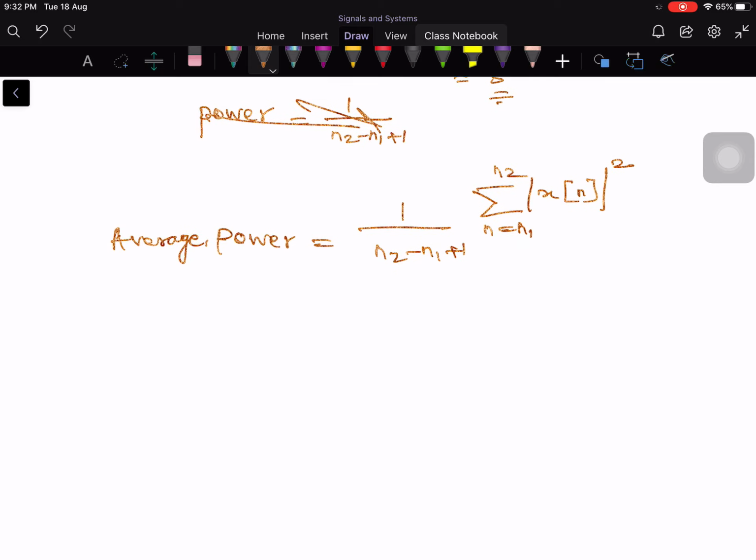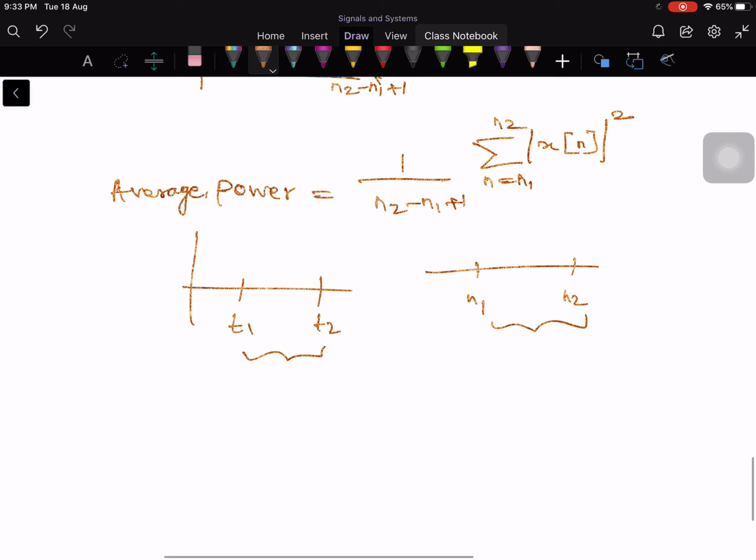Furthermore, in many systems, we will be interested in examining power and energy not over a finite interval. Because here we considered from T1 to T2, and in the discrete case we considered N1 to N2. But in many cases we will be interested in calculating the energy and power over an infinite time interval.